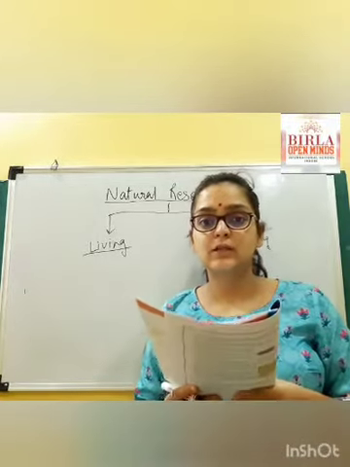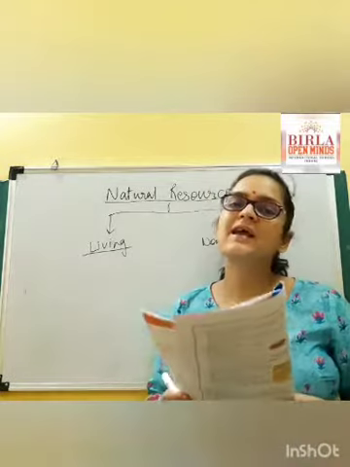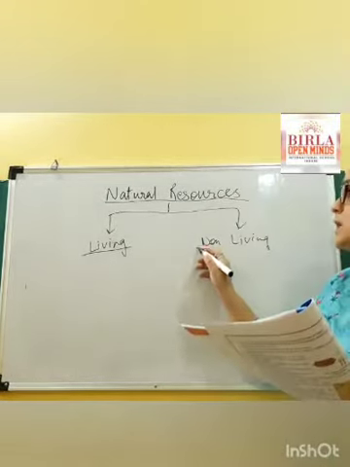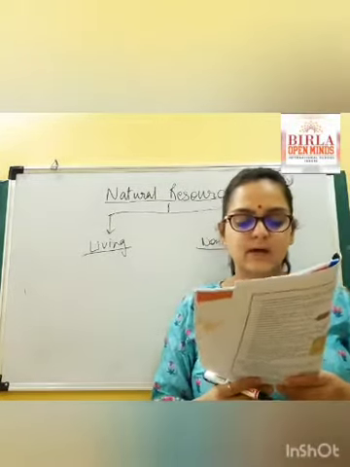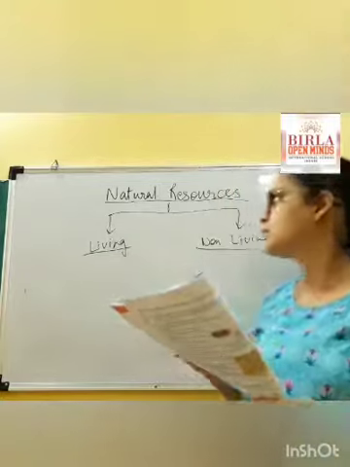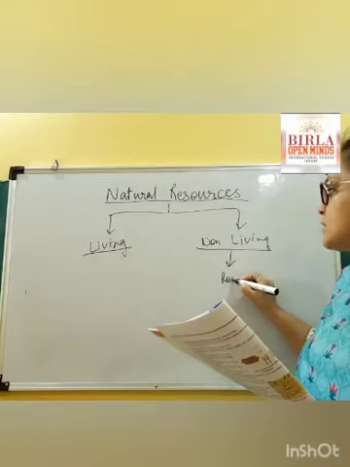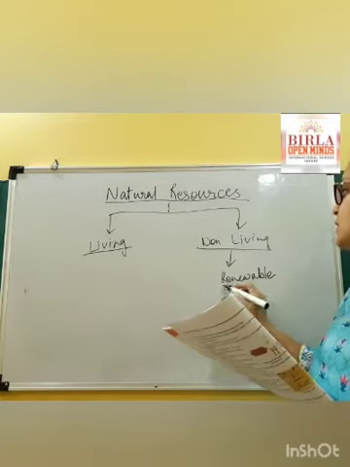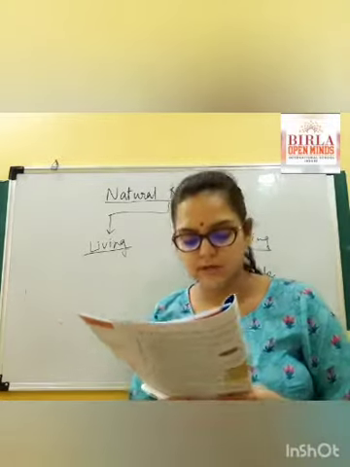Non-living resources include land, water, and air. These are inexhaustible resources, which means they do not get over easily. Hence they are called renewable resources. Those resources which are not exhaustible are known as renewable resources.